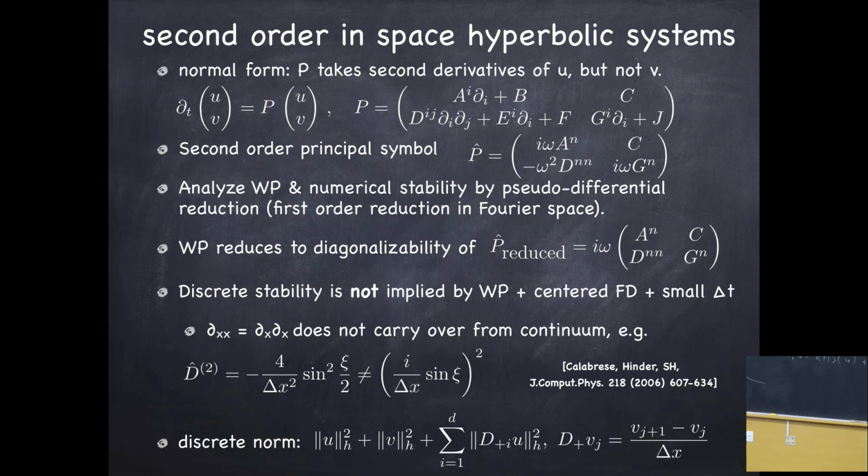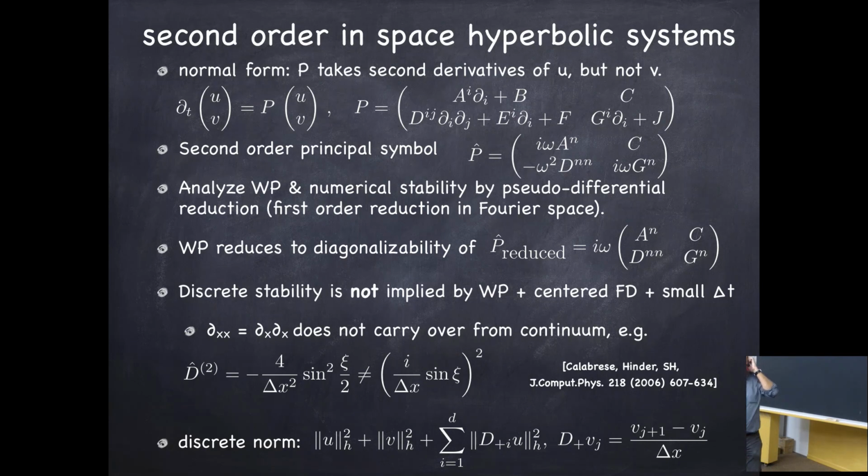It's slightly more complicated than the first order in space form. And basically, it's first order in time, and now all the variables that you have in your system, many variables, you have to split them into two parts.